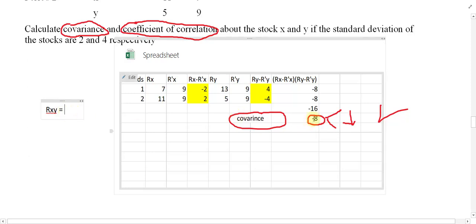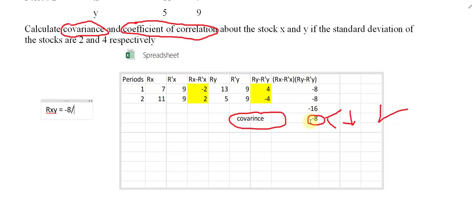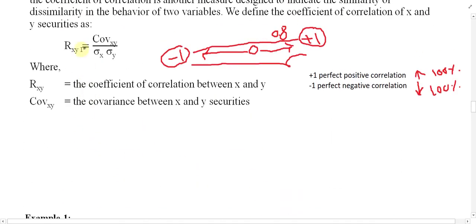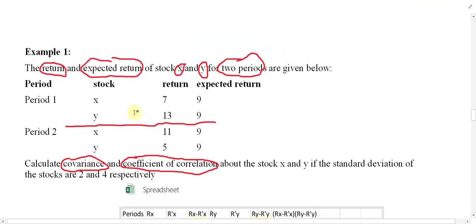It is equal to the result of covariance, minus 8, divided by the standard deviation of x and the standard deviation of y.